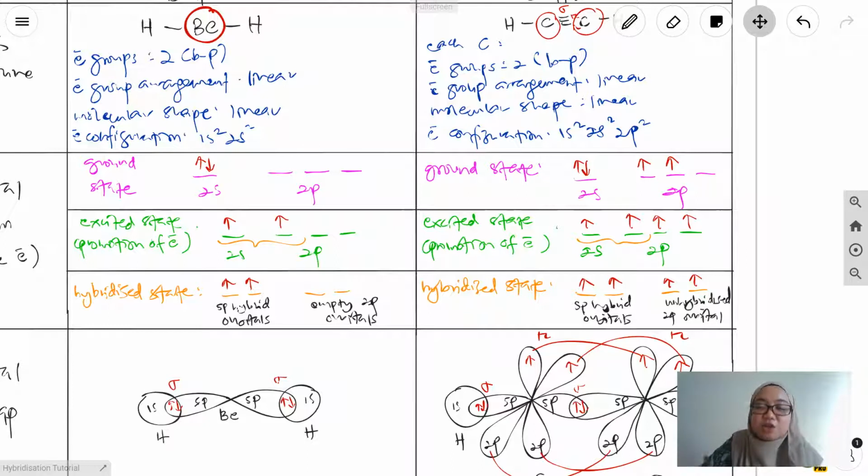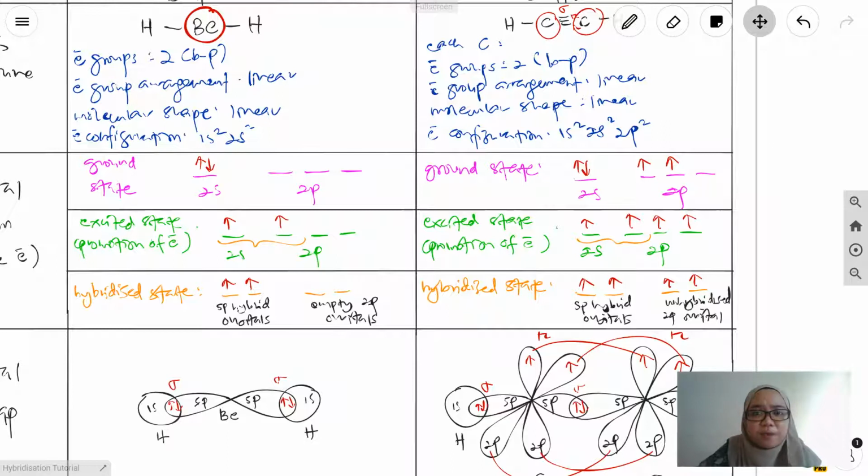But to form sp hybridized orbitals for carbon, we just need 2 sp orbitals. That means we just need one s orbital and one 2p orbital. So just take these two, and these two are going to be the sp hybrid orbitals. Remember that the hybridized orbital will only be used to form a sigma bond.